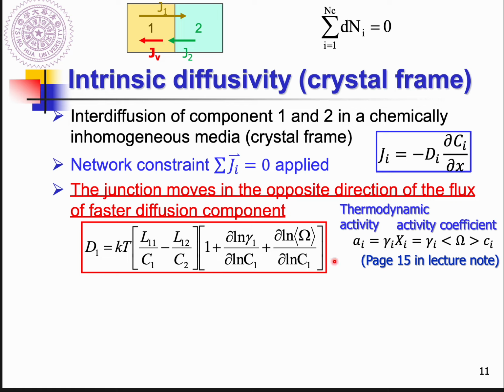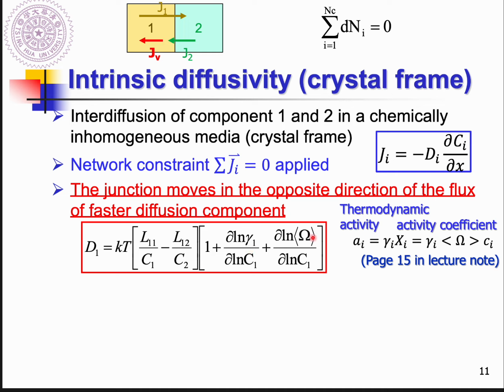And the second term is very interesting. If you look carefully, what you find here is log gamma partial with the log concentration, and also log omega partial with the log concentration. So what's gamma?